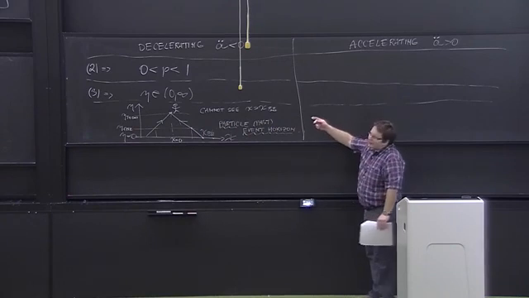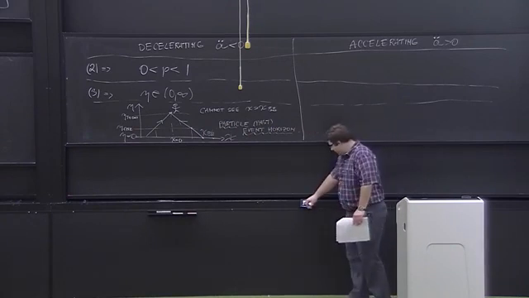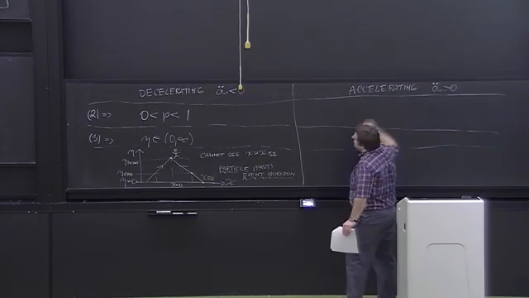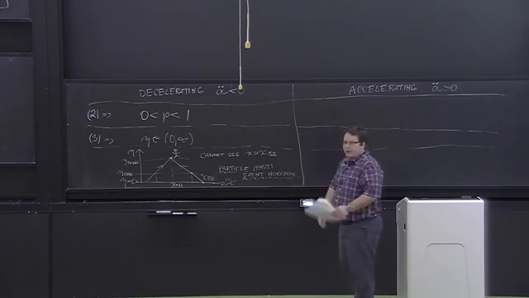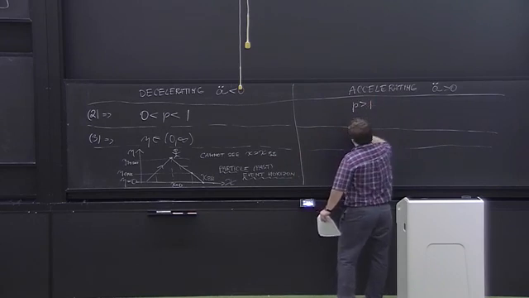Now let's look at the same picture, but for the accelerating universe. Now a double dot has to be bigger than 0, which immediately tells you that p must be bigger than 1.